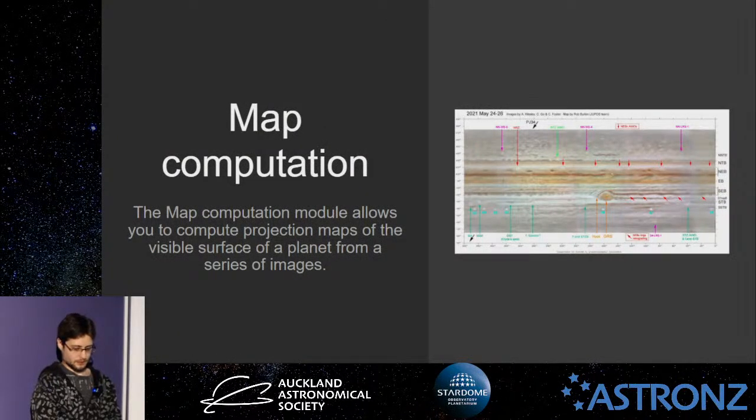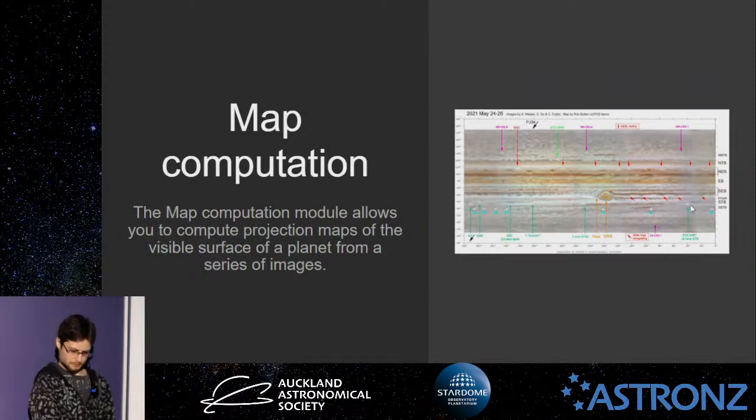Another feature of WinJUPOS is creating maps or flat fields of the surface. This particular map was made by the British Astronomical Association in preparation for Juno's previous orbit. So they took a whole bunch of ground-based images.